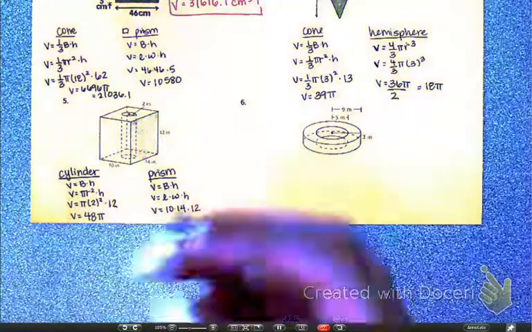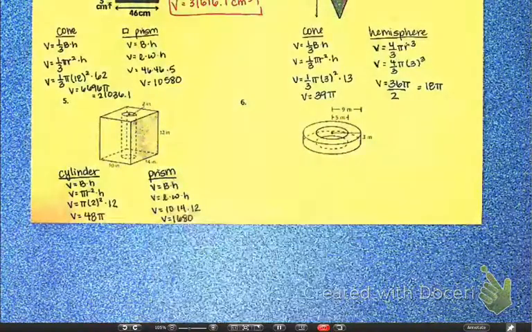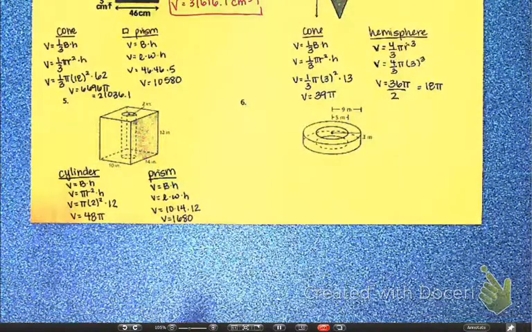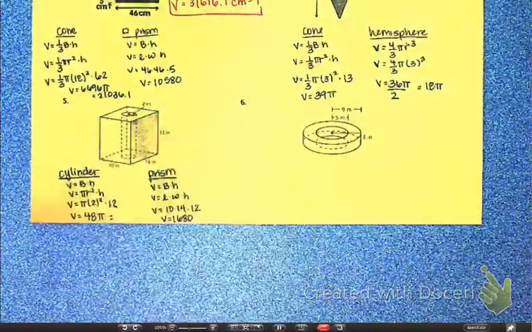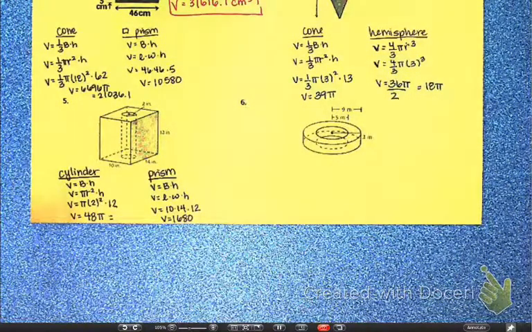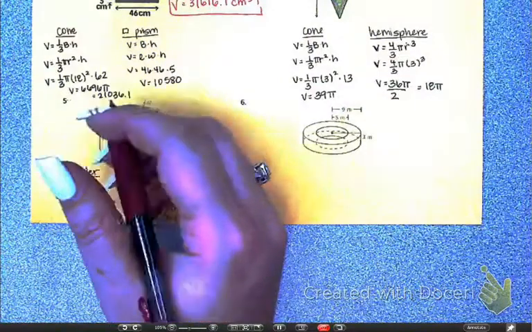What'd you get? 1,680. Okay, so first of all, do you notice that one has pi and one doesn't? So let's change this 48 pi and round to the nearest tenth. What is it going to be? 150.8.